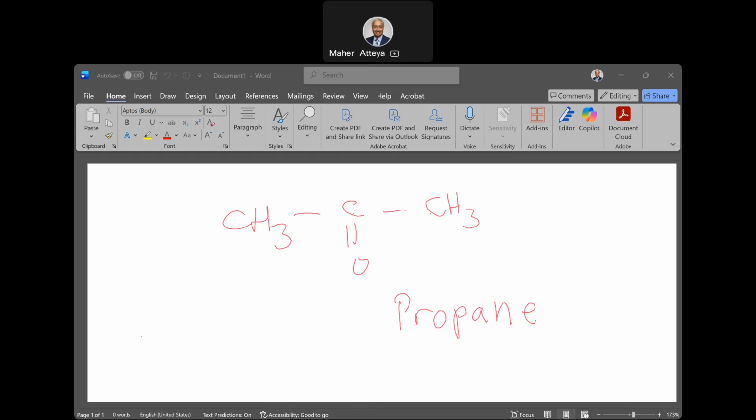Take the propane, the E out, add ONE instead. This is propanone. And it is understood to always be number 2, correct? So we can number them. Always the least number, whether left or right, is 2. 1, 2, 3, or 1, 2, 3. It's the same thing. So 2-propanone.